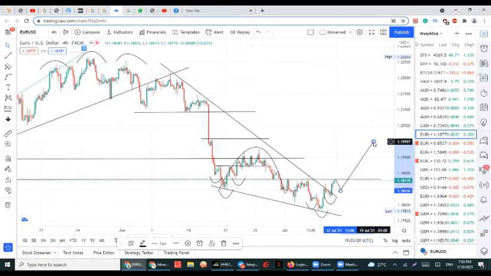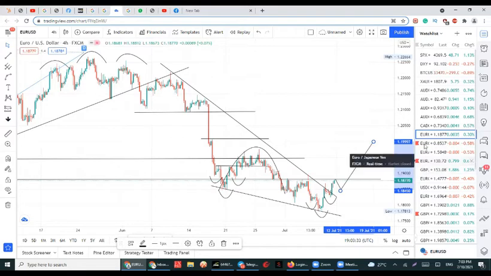Guys, don't forget, we are looking for price to push a little bit downside to test this particular zone, that is the 1.186 zone again, and then price will push all the way to the 1.200 zone.